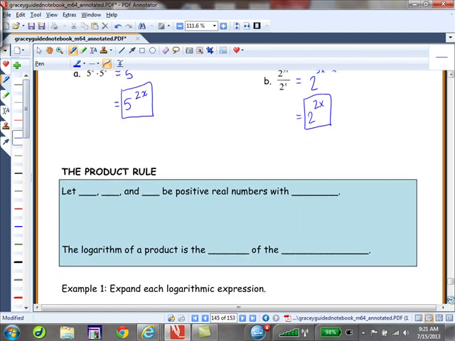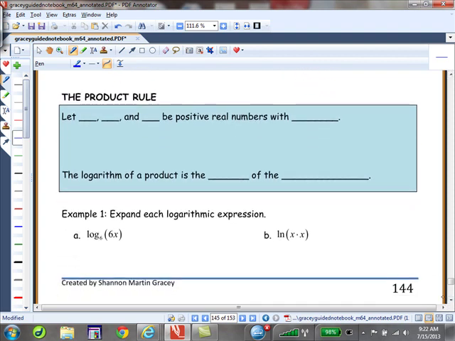You'll want to keep those in mind because remember, logarithms are exponents, and so they follow these rules. So the product rule: let b, m, and n be positive real numbers with b not equal to 1.